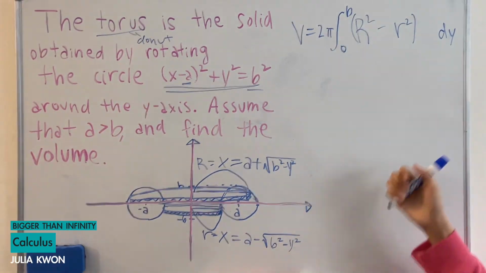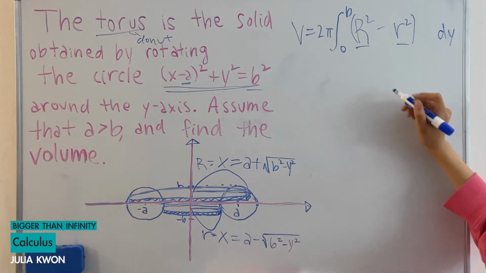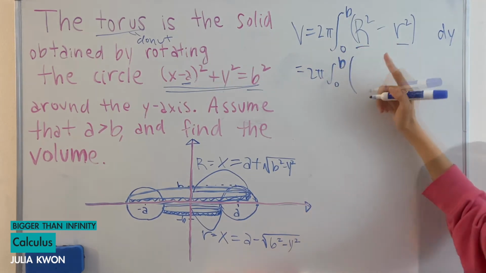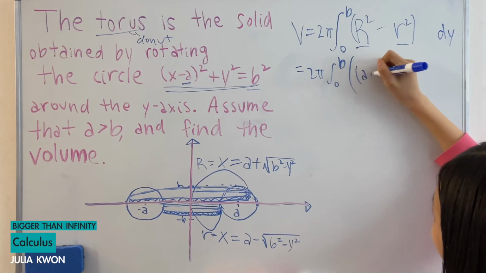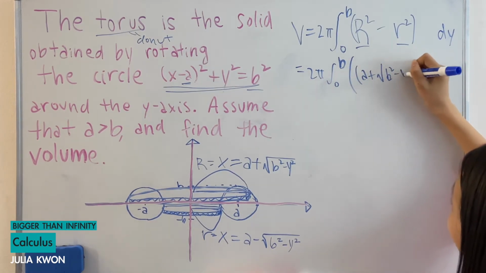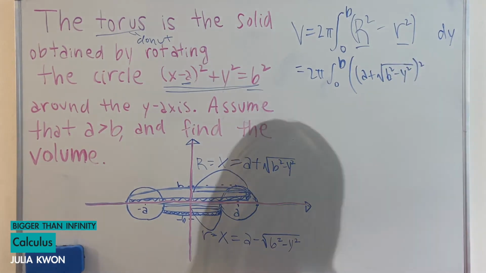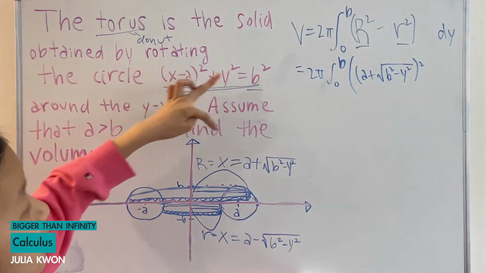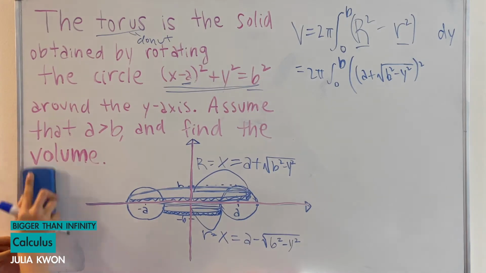Now we can put everything inside our integral to find the volume. The larger radius is equal to a plus the square root of b squared minus y squared, all of this squared. I'm so sorry. I'm just going to erase this part and rewrite it on the top. Okay, I'll fast forward it.